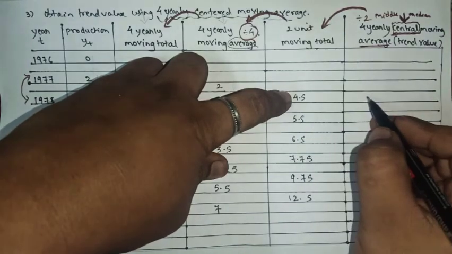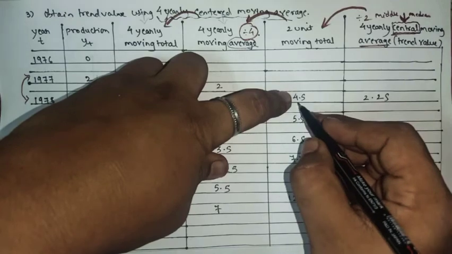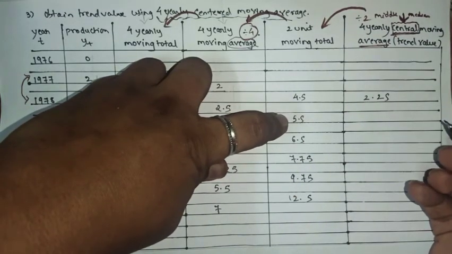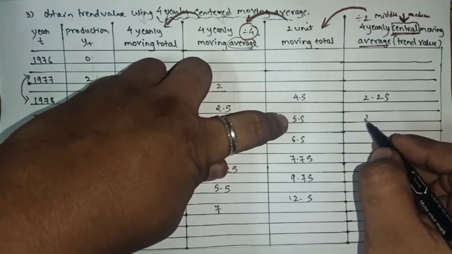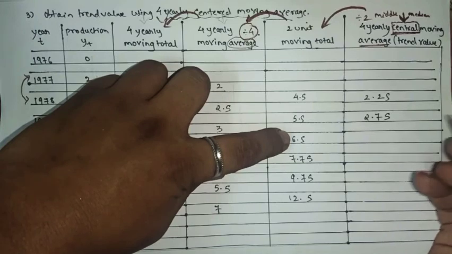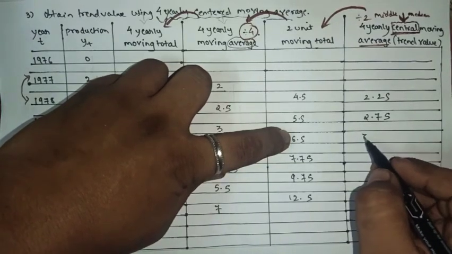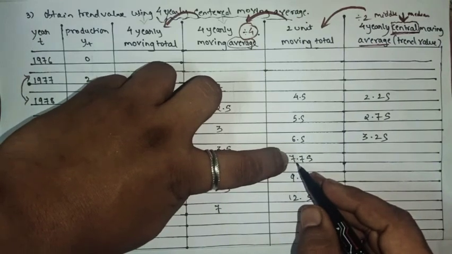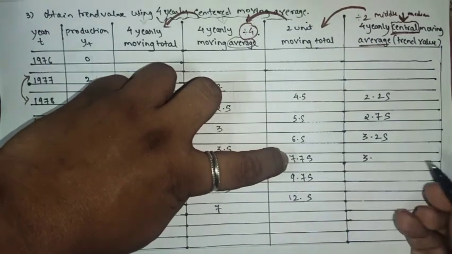So the answer will be 2.25, dividing 4.5 by 2. The next, 5.5 divided by 2, gives 2.75. 6.5 divided by 2, so 2 threes are 6, so 3.25.